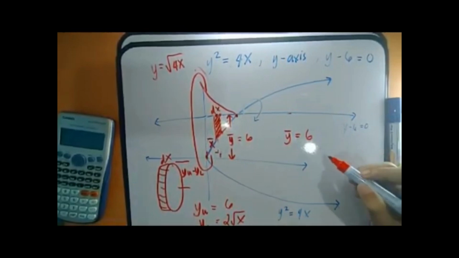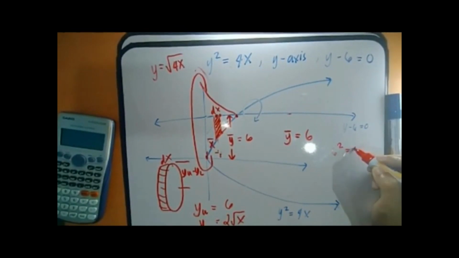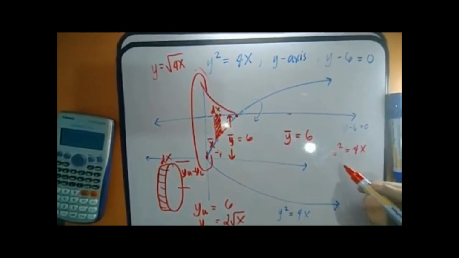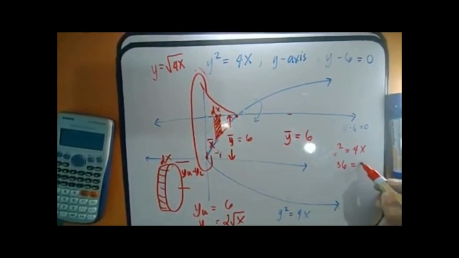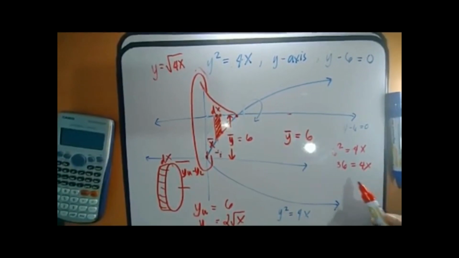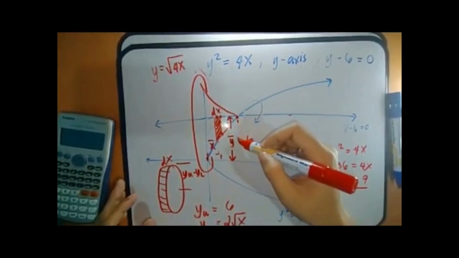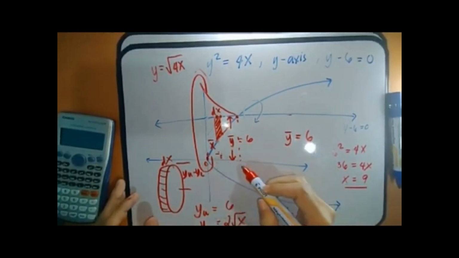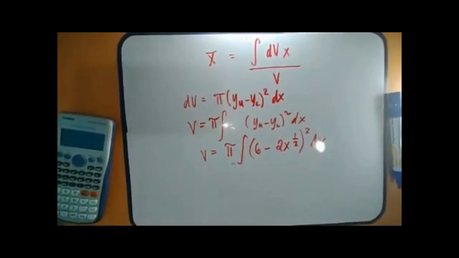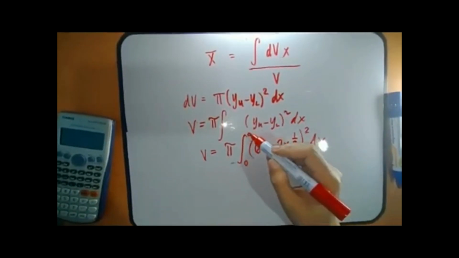So, you have here y squared. Your 6 squared equals, you have here 4x. Therefore, this is 36 equals 4x. Therefore, x equals 36 divided by 4. So, that is 9. So, 0 to 9 yung limit natin. So, this is 0x. This is 9. So, this will be 0 to 9.